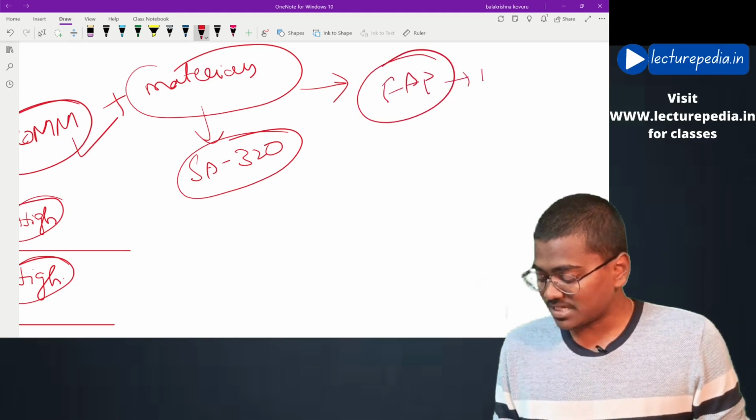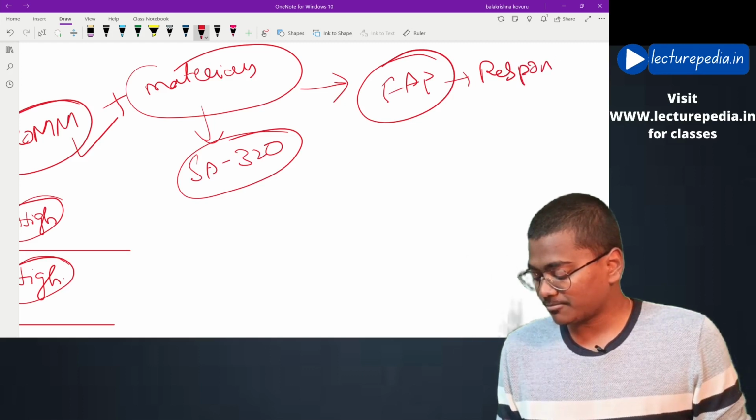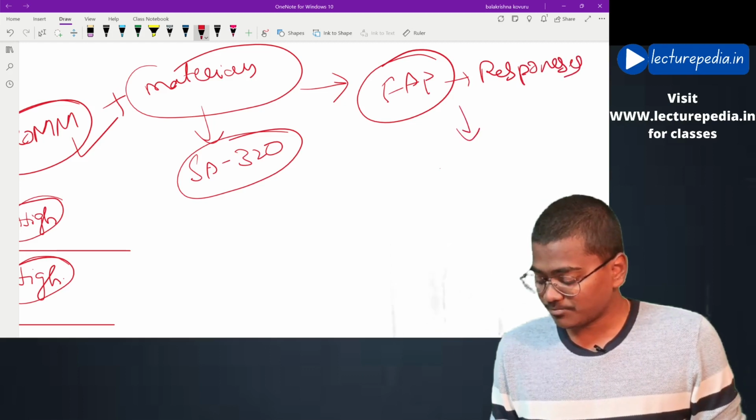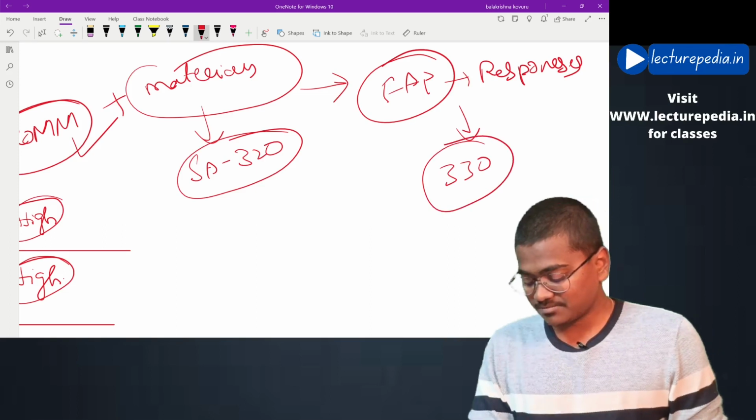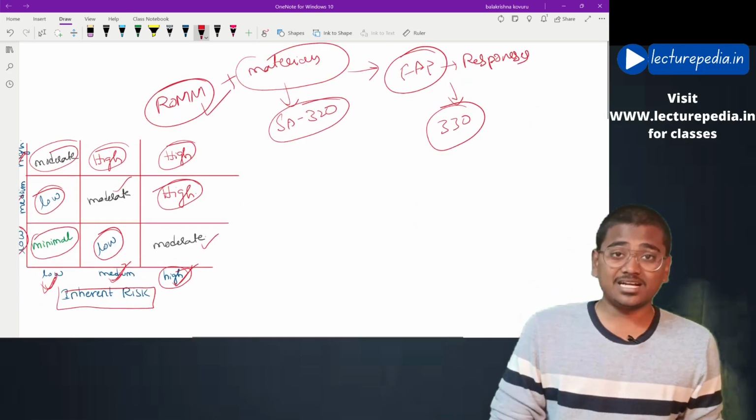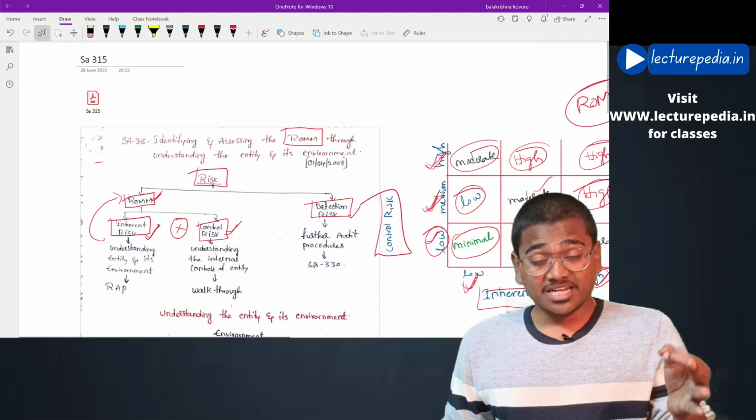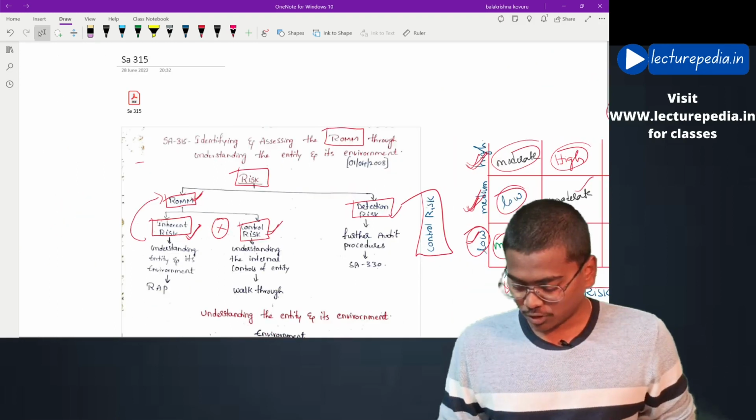We can call them the responses of the auditor to the risk as per SA 330. This is the link between 315, 320 and 330. Hope this is clear.